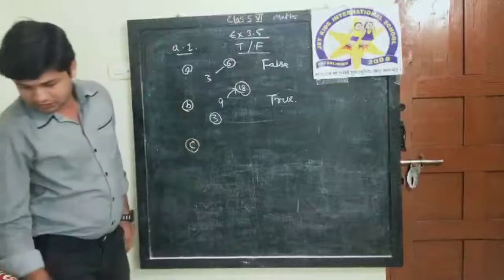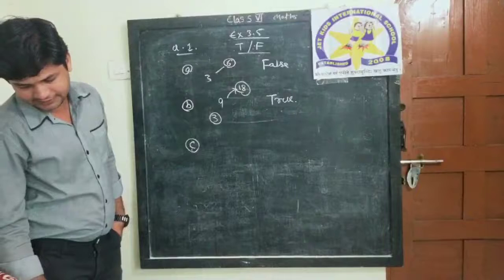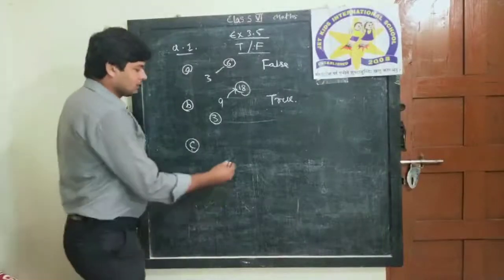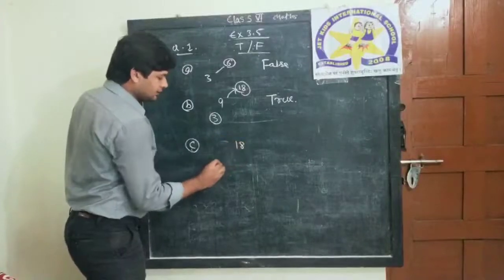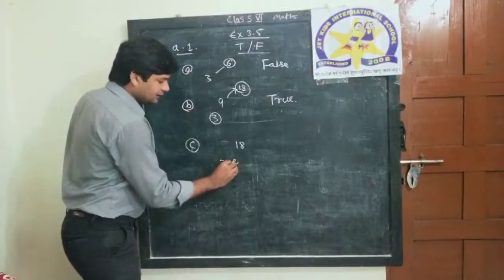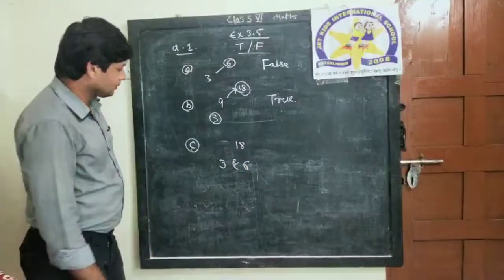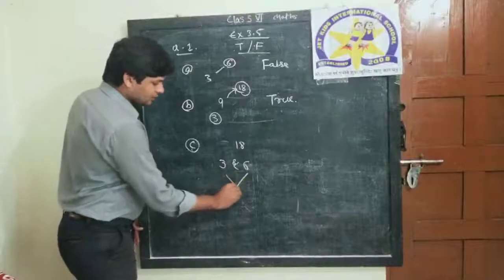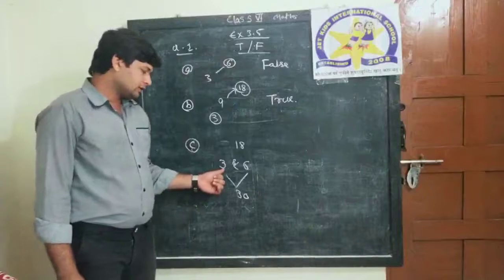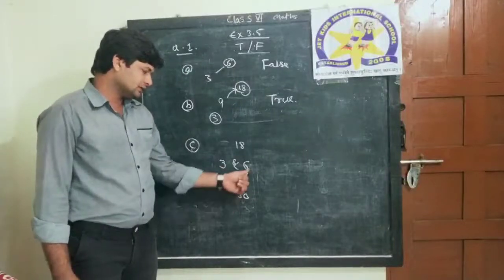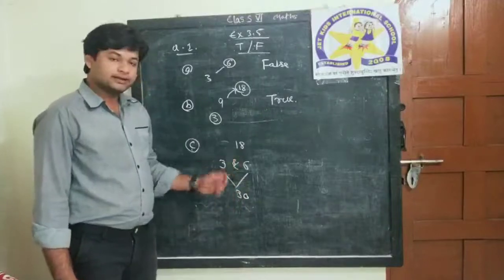C is, a number is divisible by 18 if it is divisible by 3 and 6. Okay. A number is divisible by 18 if it is also divisible by 3 and 6. Right? So let us take 30. If the number is divisible by 3 and it is also divisible by 6, 6 fives are 30, but it is not divisible by 18, so we cannot say that.